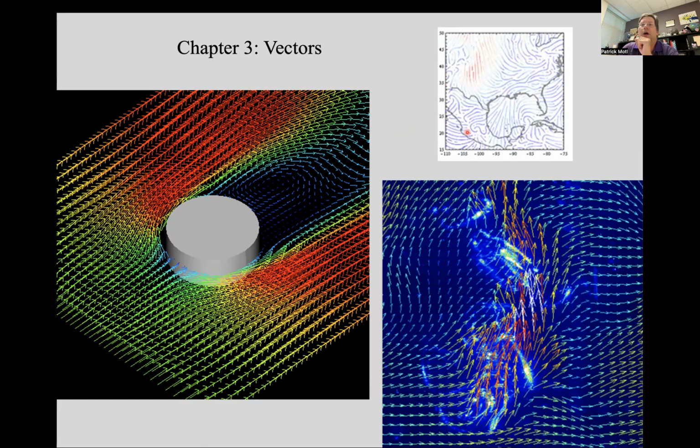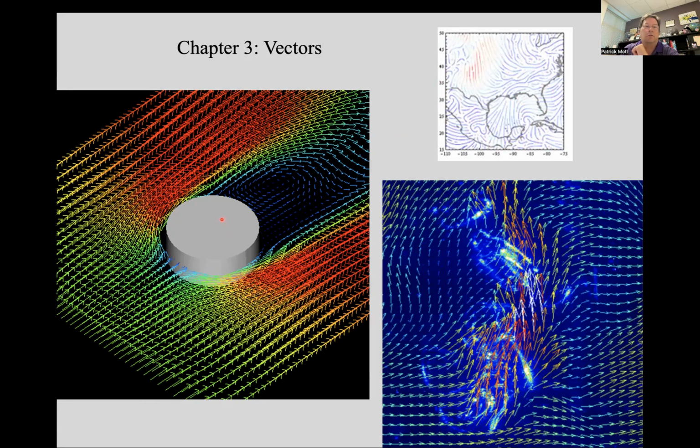So we have some colored streamlines in the upper right image depicting how the fluid of the atmosphere is flowing at a particular point in time at different locations in the United States and Mexico and so forth. So streamlines is one way to get this point across.